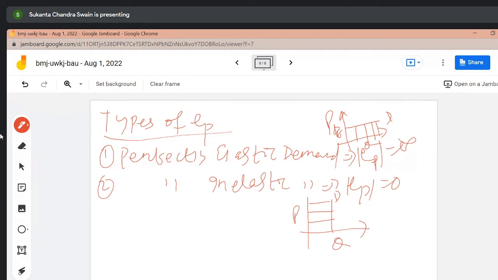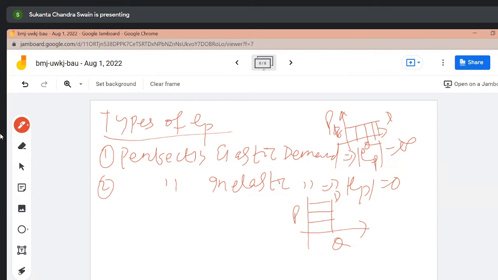There will be no change in quantity demanded. Can you think of any such commodity? Irrespective of the change in the price, demand change won't be there. Some authors give the examples of salt and medicine, life-saving medicines, under this category. It also seems appropriate.